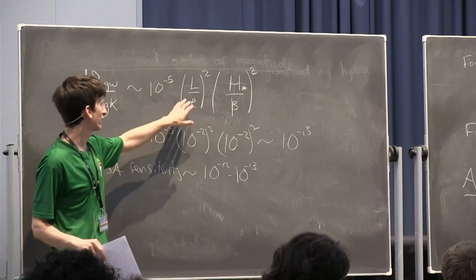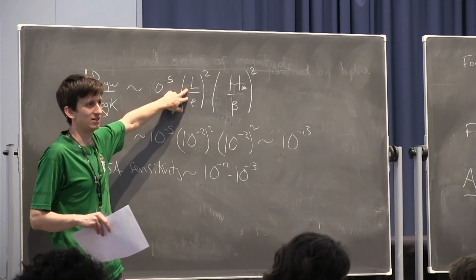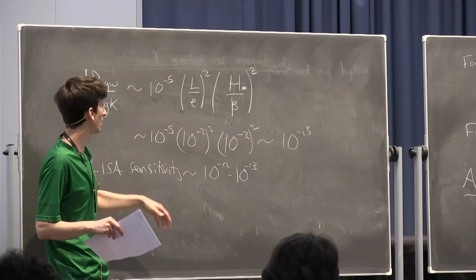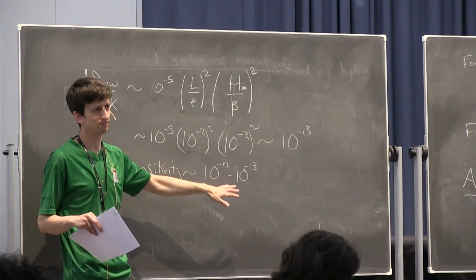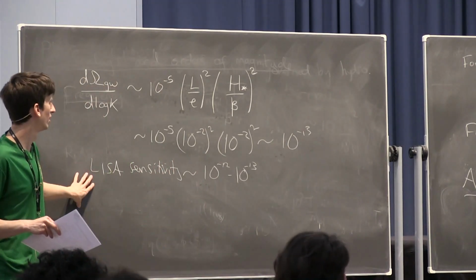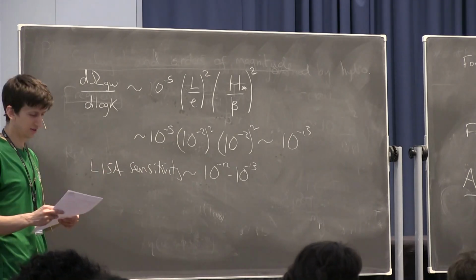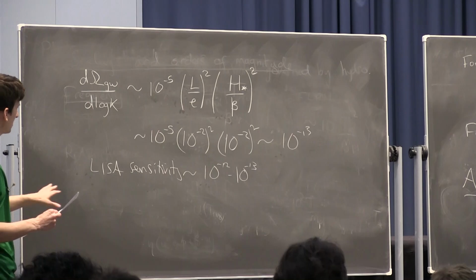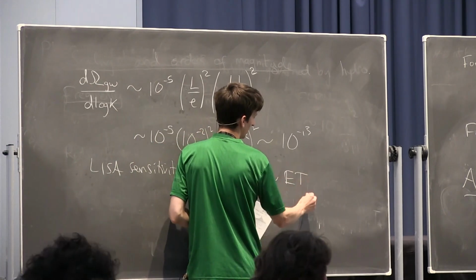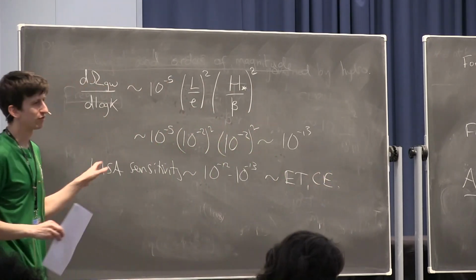But if we have a phase transition which is a bit boosted, a bit stronger than average, then the latent heat divided by the number of energy, this ratio won't be as small, and then LISA will be sensitive to it. So LISA is only sensitive at the moment to slightly stronger than average phase transitions. And this number is also rather similar for Einstein Telescope and Cosmic Explorer, but in different frequency ranges.